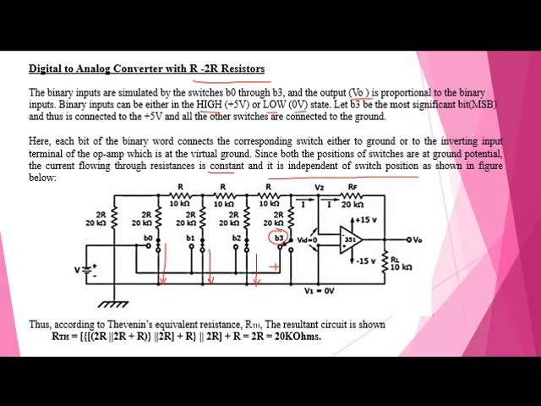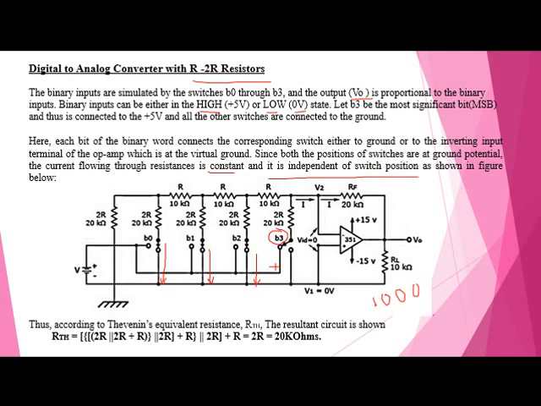Below this, we use the Thevenin's equivalent resistance RTS, when B0, B1, B2 are equal to 0 and only the MS bit is 1, that is 1, 0, 0, 0. This is the binary value, meaning B3 is equal to 1, B2 equal to 0, B1 equal to 0, B0 equal to 0.